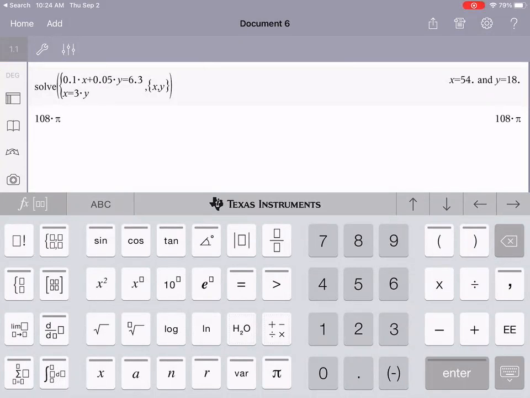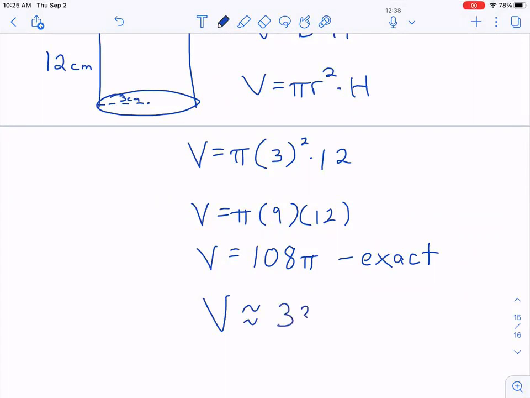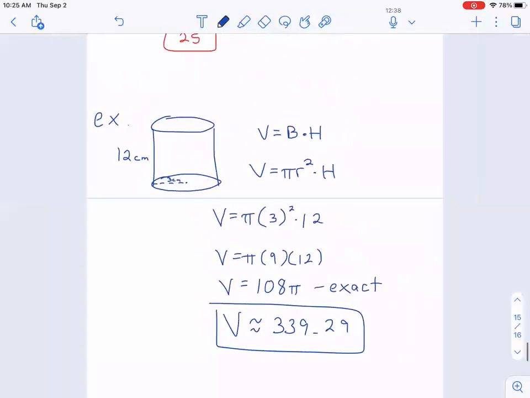Instead of just hitting enter, I'm going to type in 108 pi, and click and hold on the enter button. It pulls up these little squiggles. The squiggles mean approximate. So it's approximately 339.29. So V is approximately 339.29. There would be the approximate value.